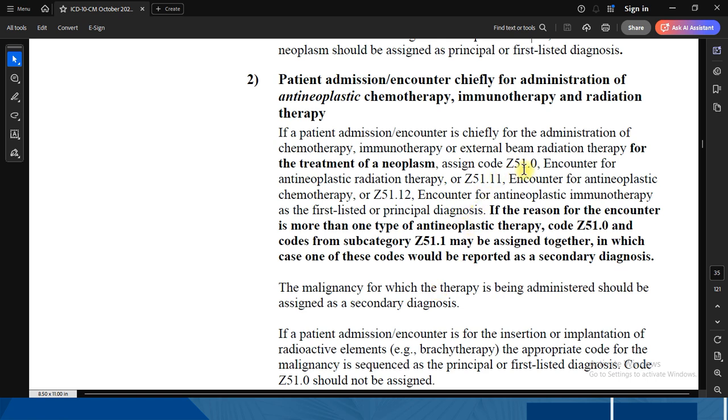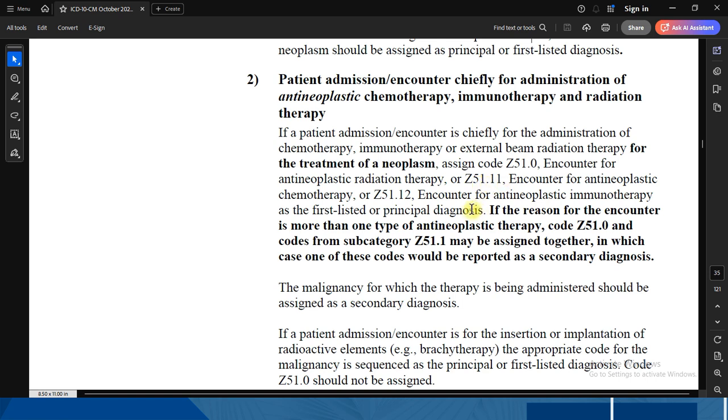We will code the Z51 series, encounter for antineoplastic radiation therapy, chemotherapy and immunotherapy, based on the type of therapy. If it is antineoplastic radiation therapy, we need to use Z51.0. If it is antineoplastic chemotherapy, we need to use Z51.11.